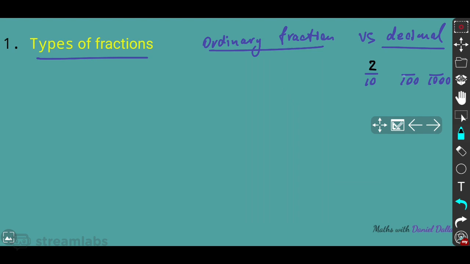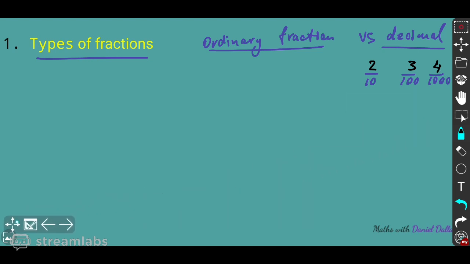Let's say 2/10 or 3/100 or 4/1000. In both cases, you'll have decimals, okay? So one more time, the key idea is to have the bottom part or denominator similar to 10 or 100 or 1000. In this case, you can simply convert into decimal format.